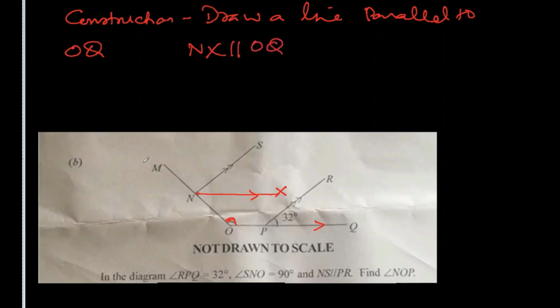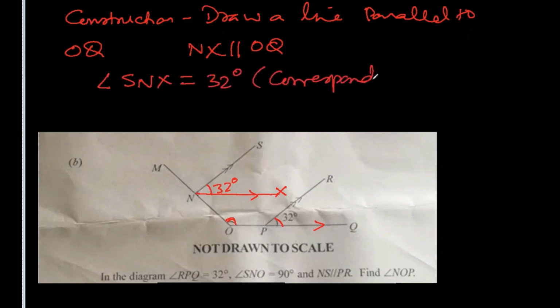Since they are parallel, this angle is going to be equal to 32 degrees, isn't it? Because there are two parallel lines, so this will also be 32 degrees. So we will write angle SNX is equal to 32 degrees, and it is a corresponding angle to angle RPQ.